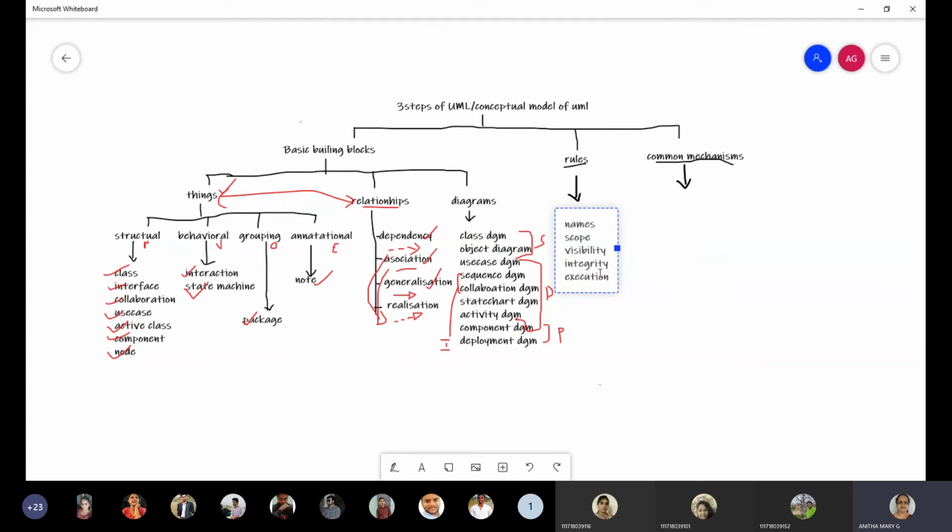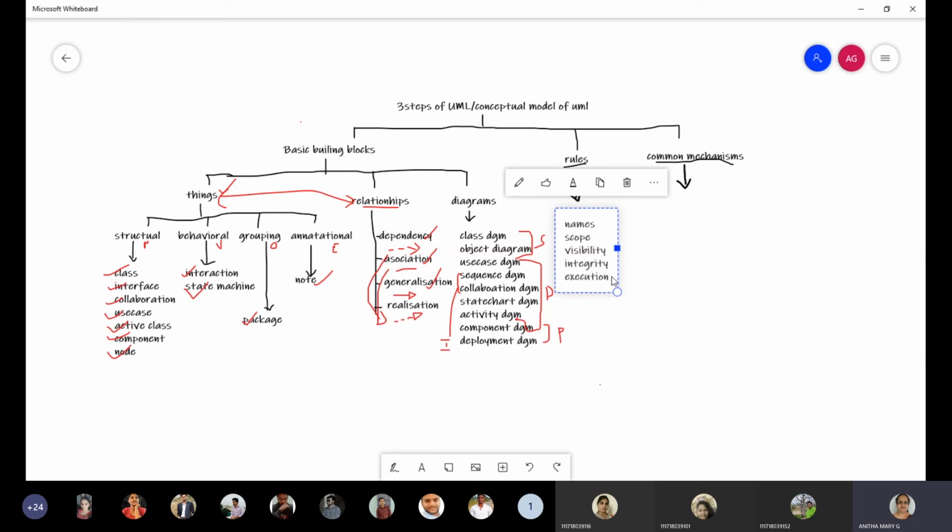Similarly here, our fifth rule is about execution. That means simulating. Since we are not talking about any code, only models in UML, we are talking about simulation of the model. At the end, that is what we have during execution.